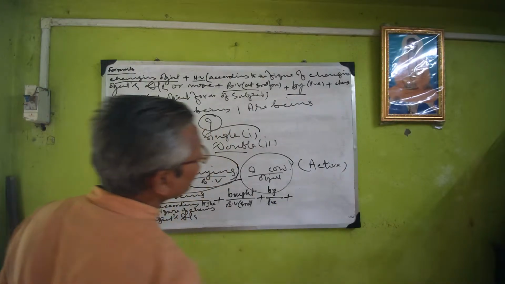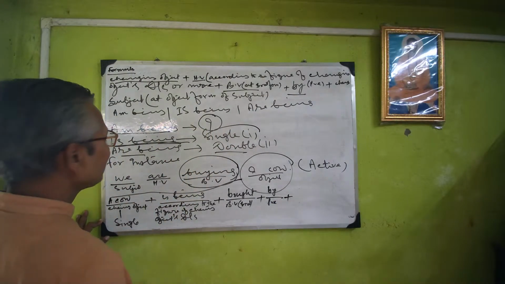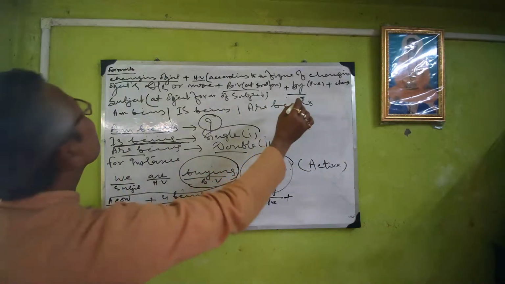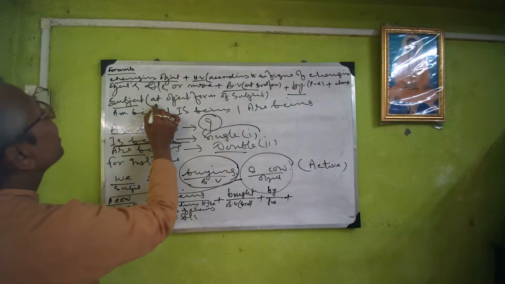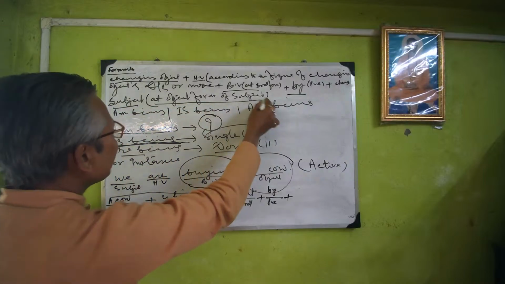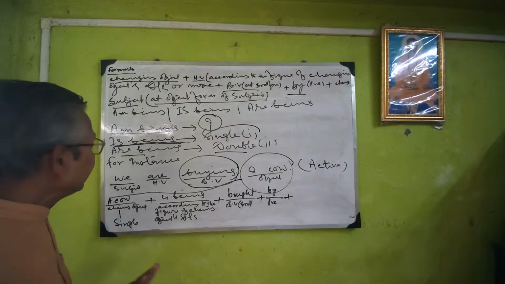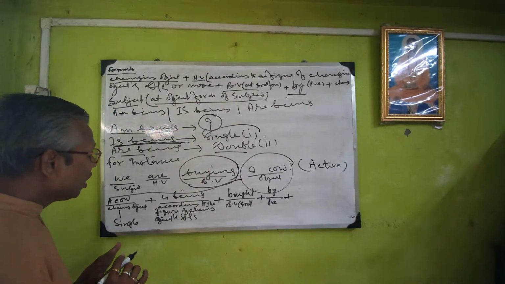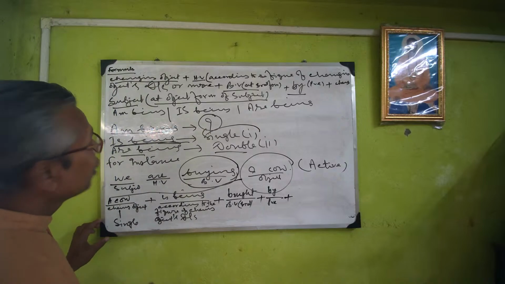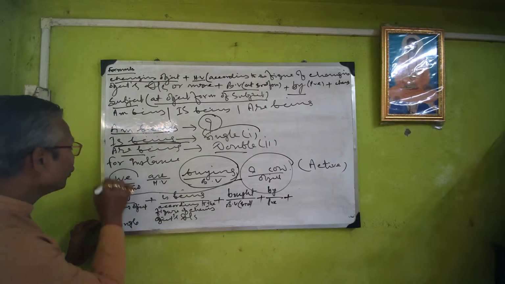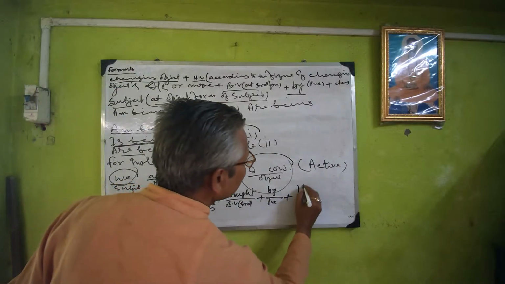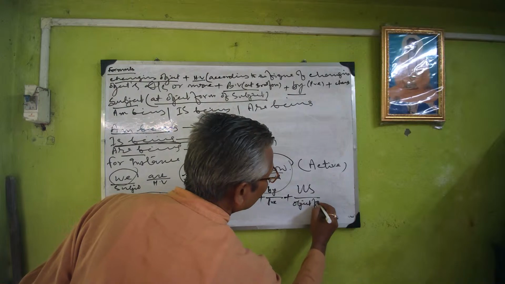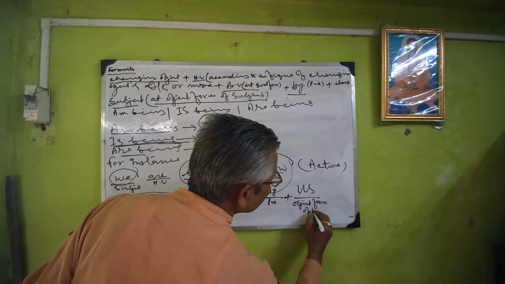Next, the formula requires changing subject at object form of subject. We know that us is the object form of we.